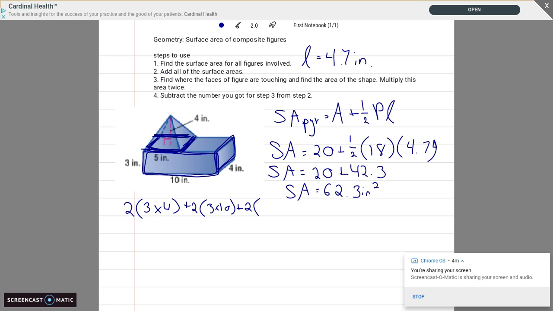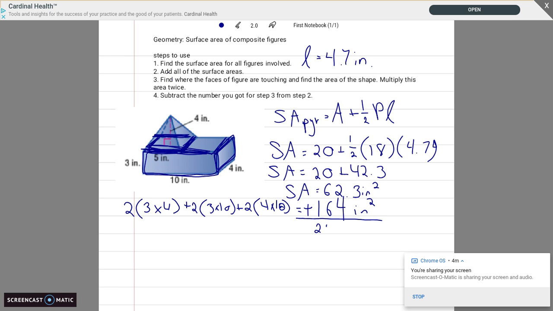And then the top and bottom: this has a dimension of 4 and this has a dimension of 10, so 4 times 10. Once you do all of this, you're going to get 164 even. It's not going to have any decimals. This is inches squared. The last thing we have to do is add both of these together.